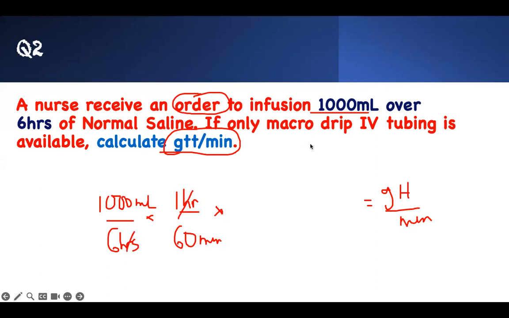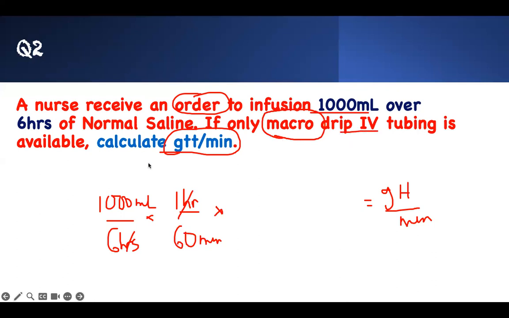Now you've got to bring in how the medication comes in, right? The prescribed dose versus the available. Where is the available? I don't use formulas. I use just dimensional analysis. What is available? The medication, right? It said macro, so pay attention: drip IV tubing is available.